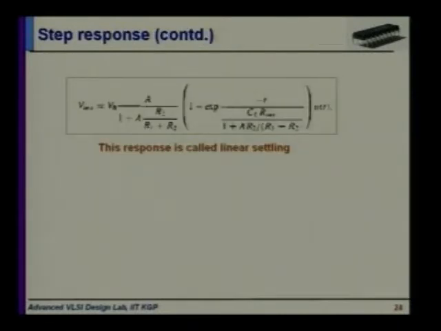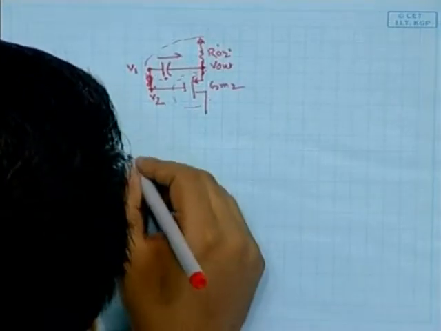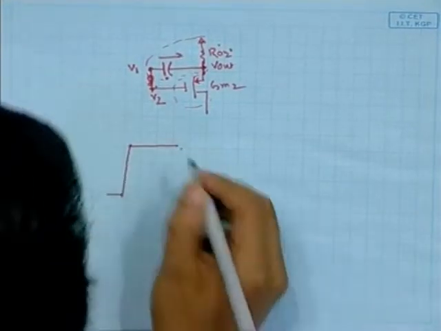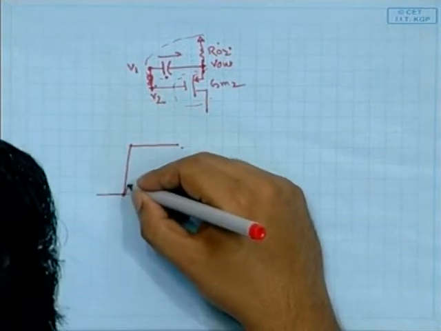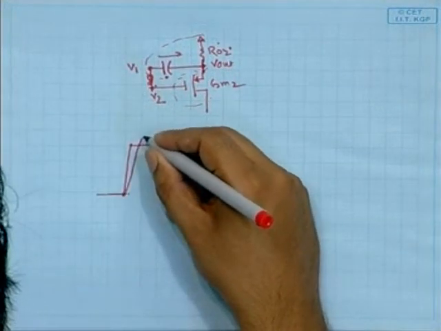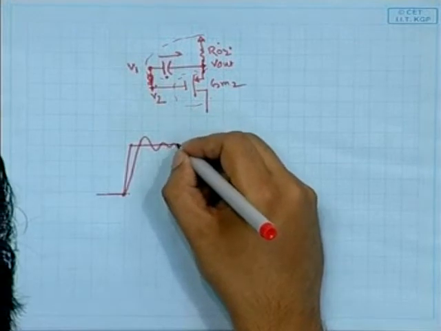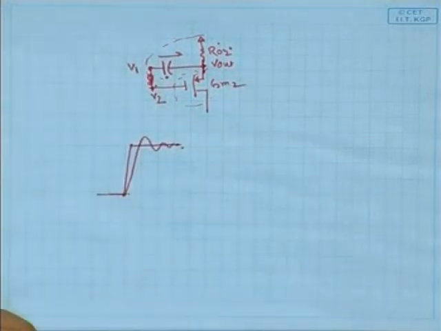When a step is applied at the input, the output goes on rising and it settles. You apply a large signal, the output will track it and settle in this manner.